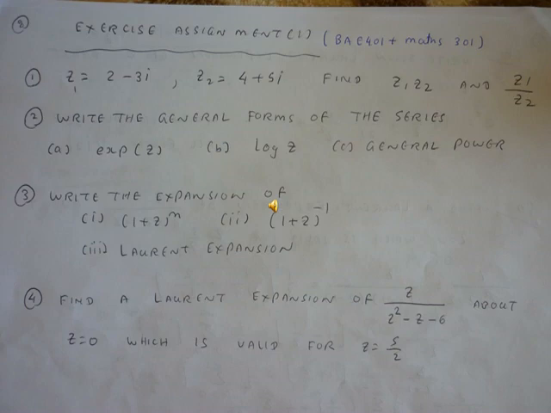Question number 2: write the general form of the series: a is an exponential function of z, b is a log function of z, c is a general power. Number 3: write the expansion of 1 plus z power m, number 2 is 1 plus z whole power minus 1, and 3 is a Laurent expansion. And number 4: to find the Laurent expansion of z divided by z squared minus z minus 6 about z equal to 0, which is valid for z equal to 5 by 2.